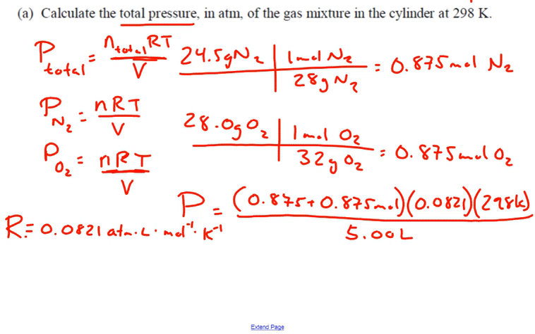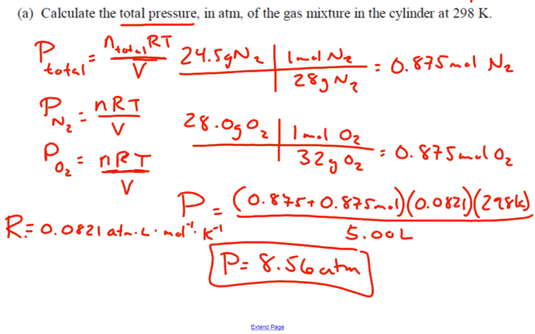So when I'm all said and done, please put units. Please put units. You always get 2 points just about every time you do an ideal gas law. One point is earned for the setup. In this case, one point is earned for the moles, and then one point is earned for the correct answer with the setup.